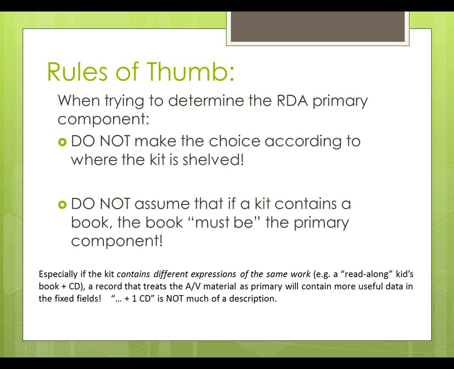You probably have one of those in your library or something like it. So if we actually create the record for the CD and then add the book information into it rather than doing it the other way around, we get useful information in the fixed fields, like the runtime of the CD, and other stuff that might be left out if the only MARC record we can find is one for the book.